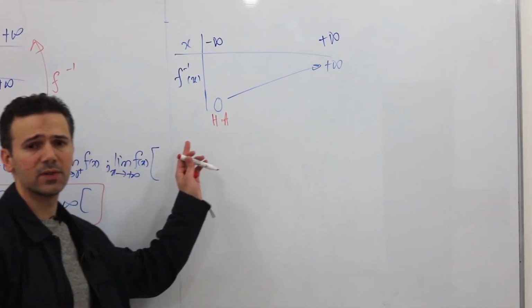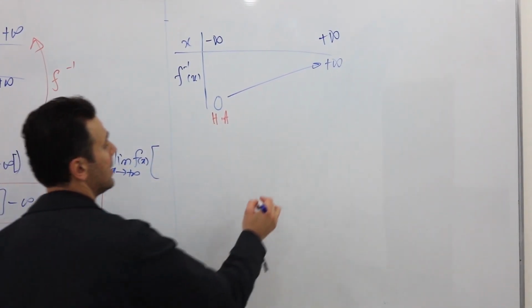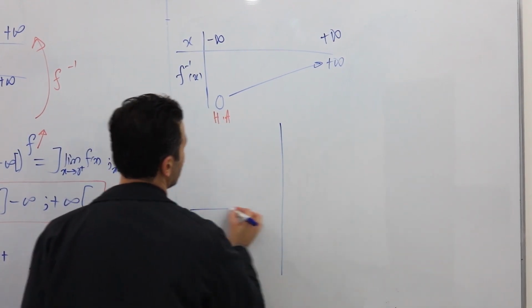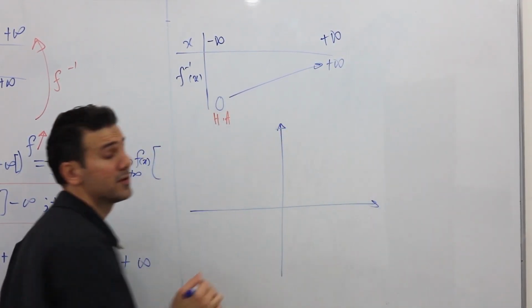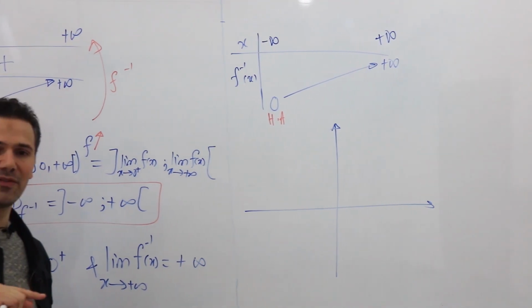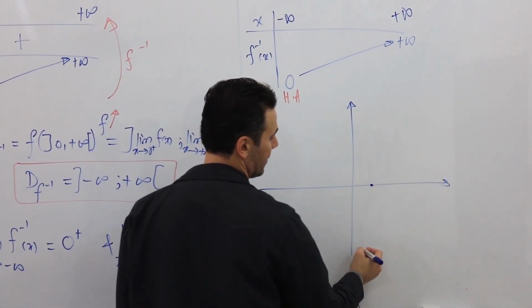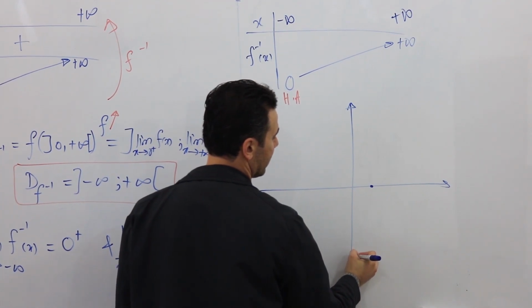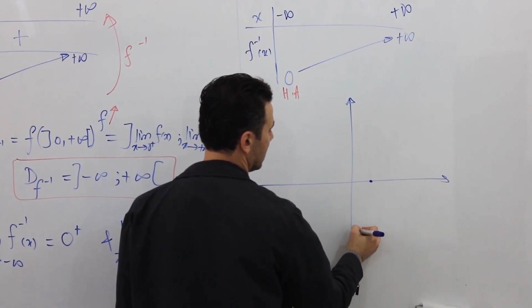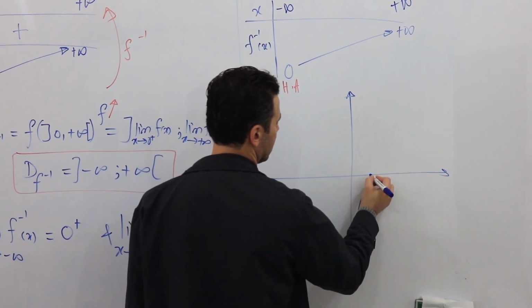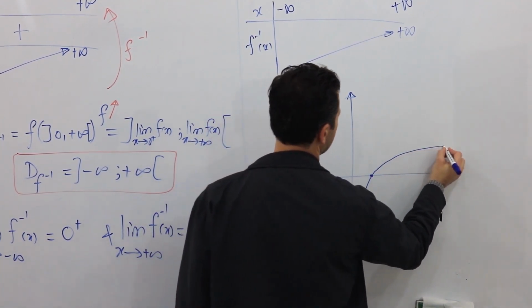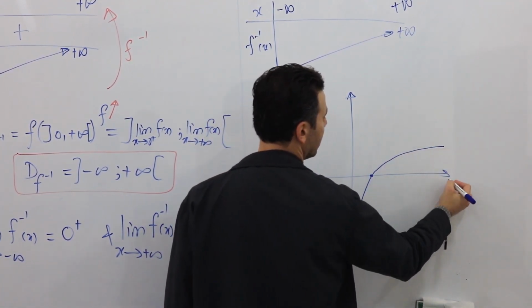Now, after this, we can draw easily the curve of f inverse, knowing the curve of f itself. We know the curve of f, which is the ln function. It increases from minus infinity till plus infinity in this behavior.